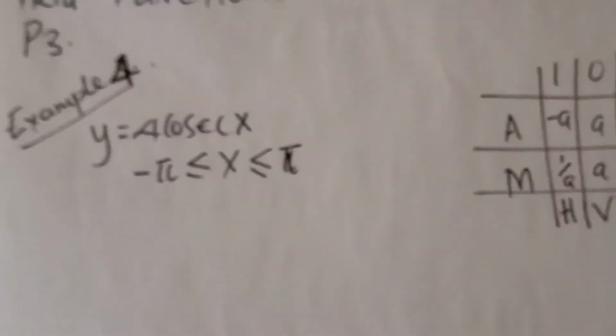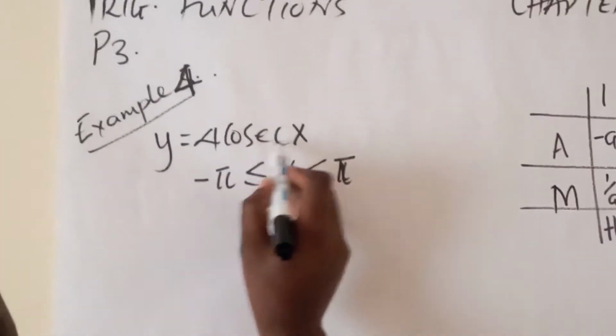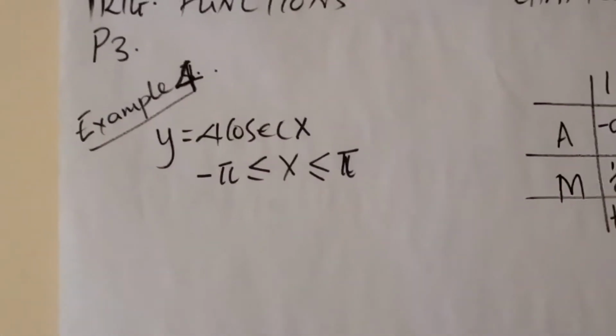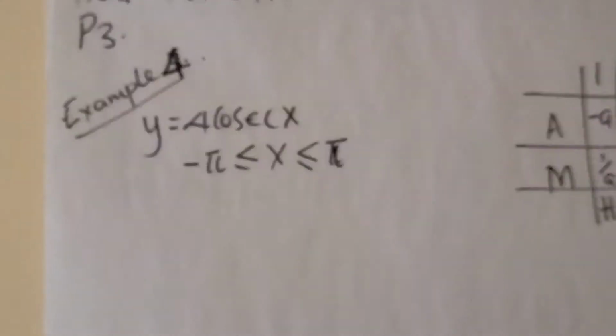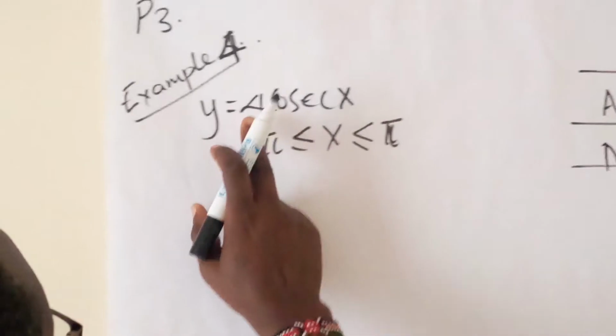First of all, it must be known that the graph of y is equals to 4 cosec x is simply the graph of y is equals to cosec x, which has undergone a transformation of multiplication outside.